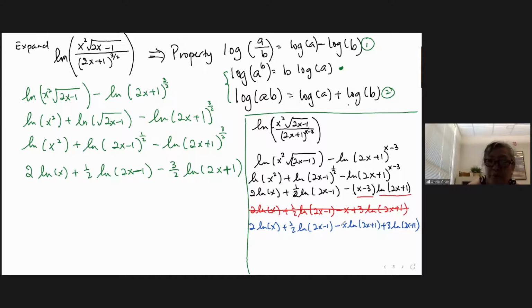So I didn't split the natural log of the x plus inside the parentheses, but I did split the exponential, because the exponential is not locked in, if you will, right? So when I have a natural log of something that has a plus or a minus sign, it stays together.